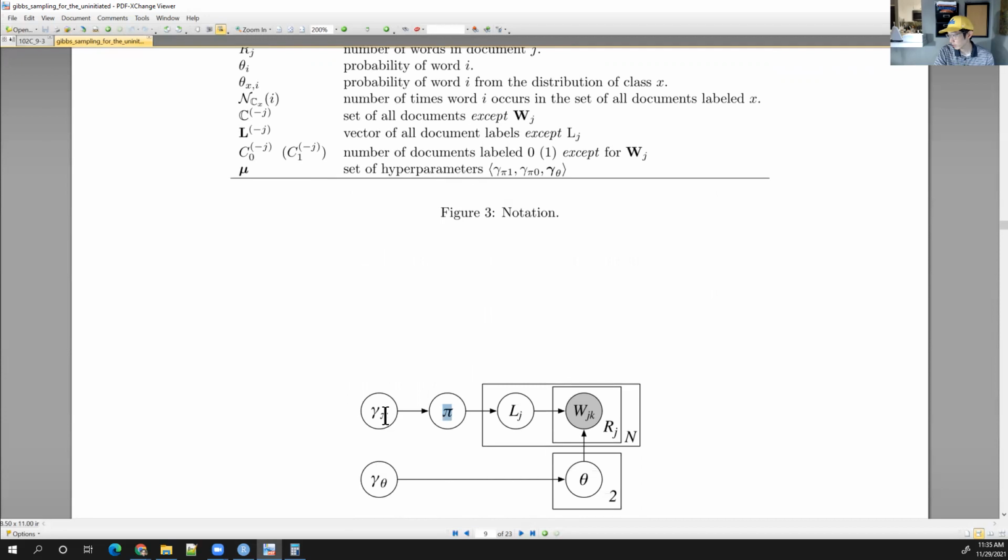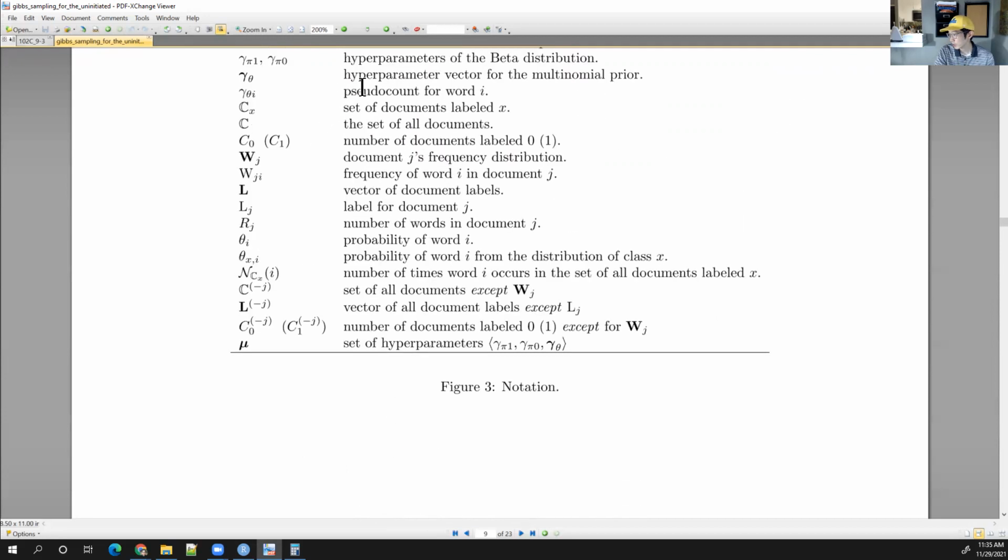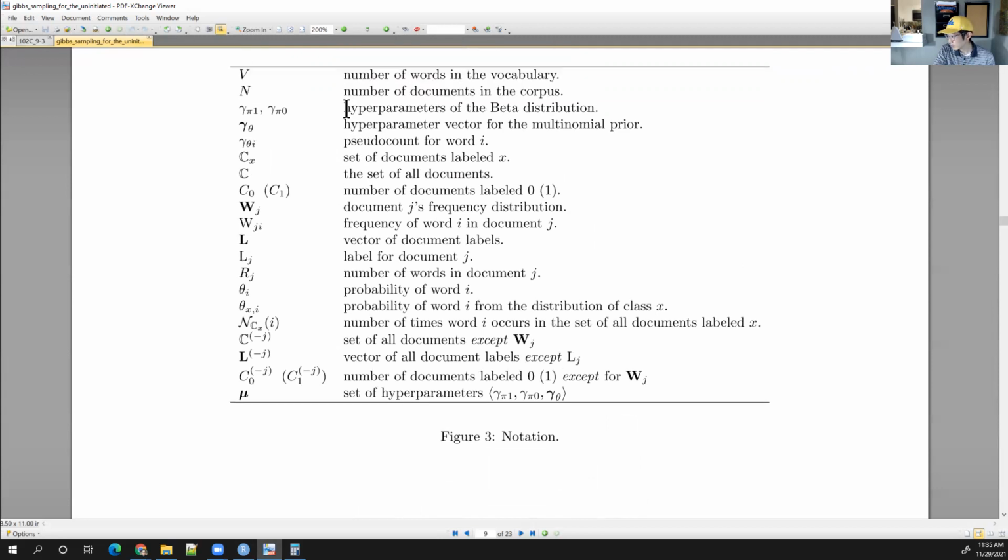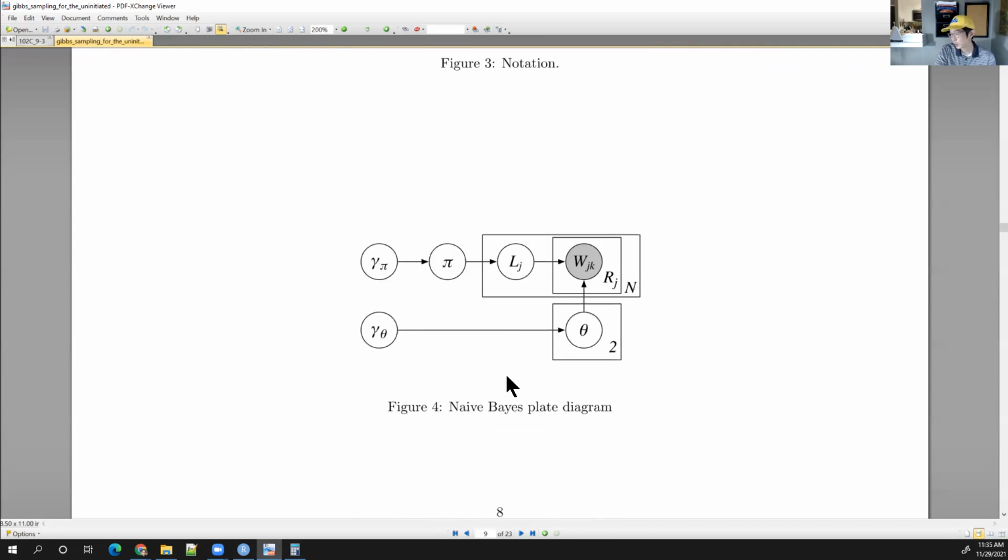Okay, it says this gamma sub p. This is basically just the hyperparameters of the beta distribution, indicating whether we are in document class 0 or document class 1.